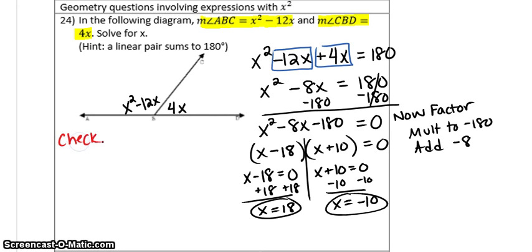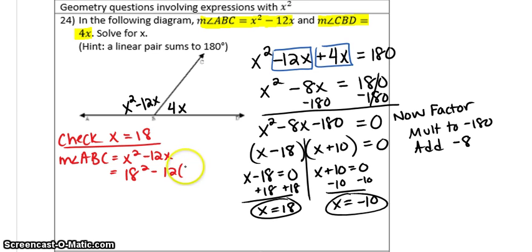So first, let's check x equals 18. The measure of angle ABC equals x squared minus 12x. When I plug 18 in for x, I get 18 squared minus 12 times 18. I get 108 degrees. The measure of angle CBD is 4x.